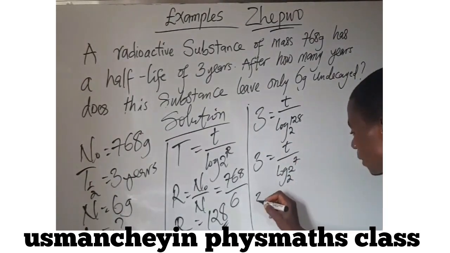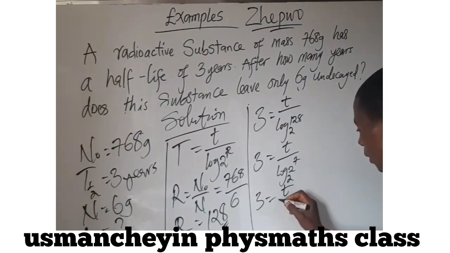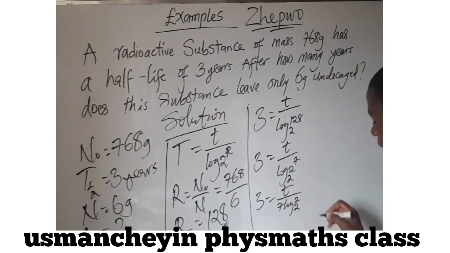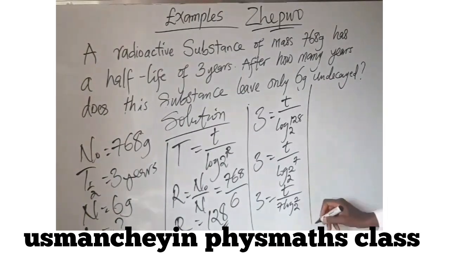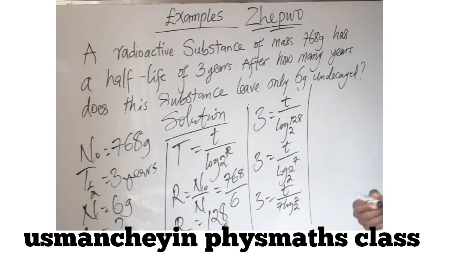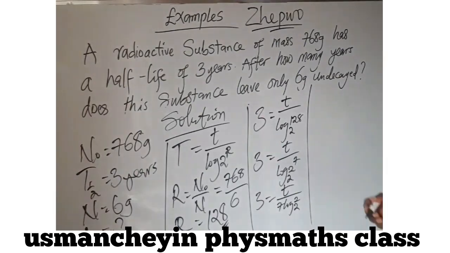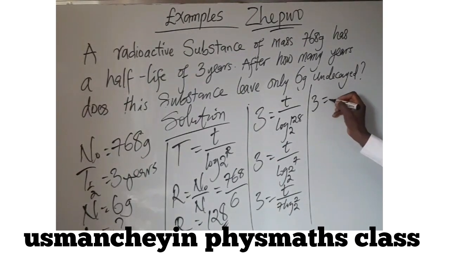So we have 3 equal to t all over 7 log 2 base 2. In logarithm again, log of a number to its own base is equal to 1. So we have 3 equal to t all over 7 times 1, which is still 7, so this will be over 1.